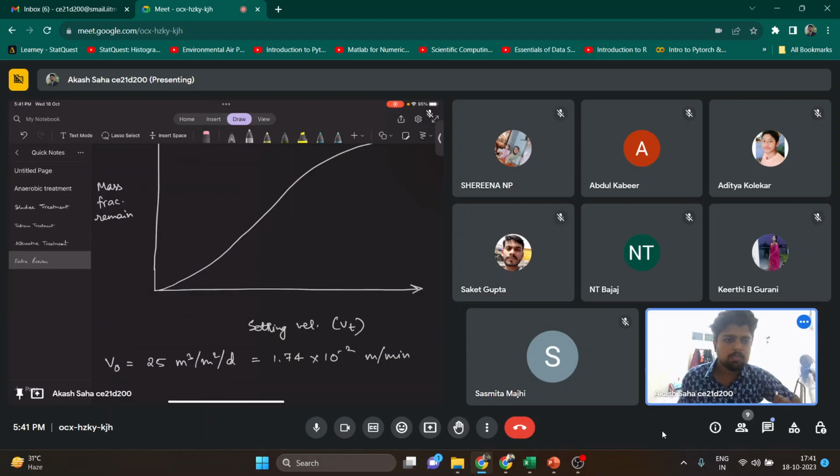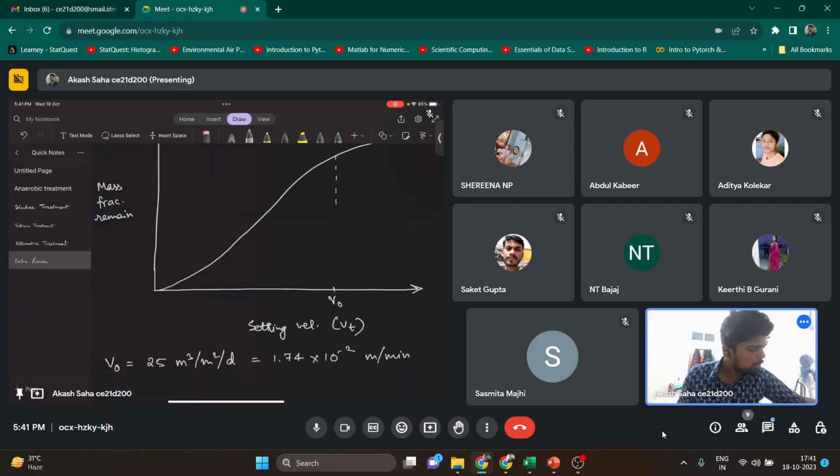So we have one overflow rate, and all the particles which have a settling velocity equal to or more than this will get 100% settled, right? Suppose this V0 value is somewhere here.